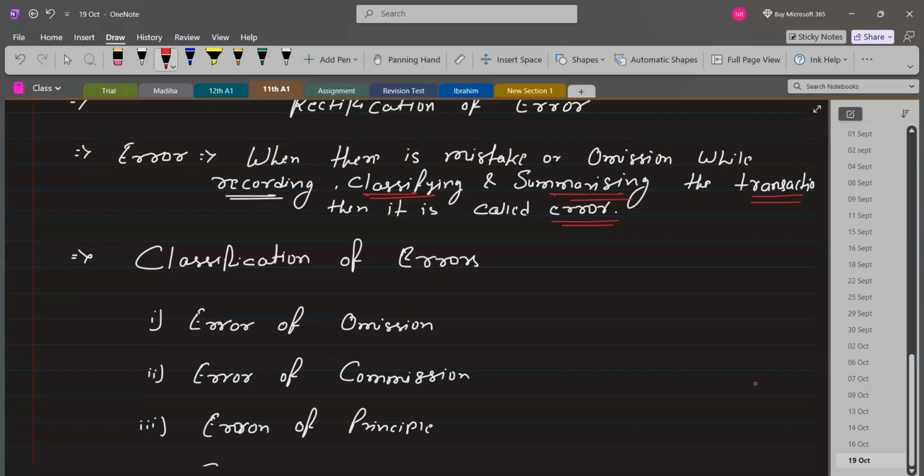In this book, it is chapter number 17, but not as per your NCERT book, I guess. In that, trial balance, rectification of error, depreciation, all these chapters are clubbed together. Trial balance and rectification of error are in one chapter only, like chapter number 6 in NCERT. Yes, that's what I'm saying.